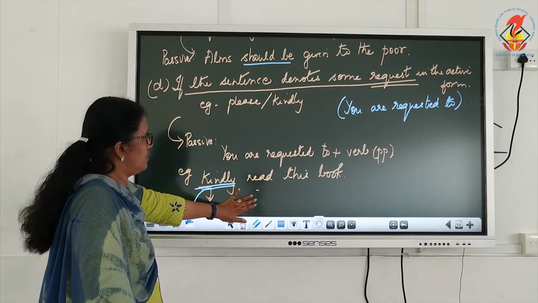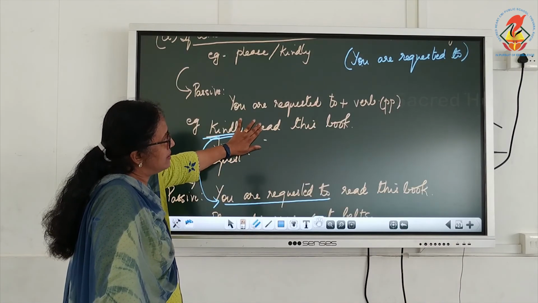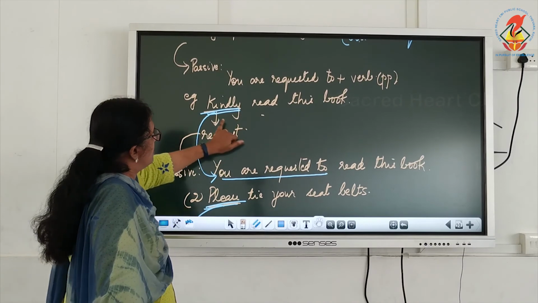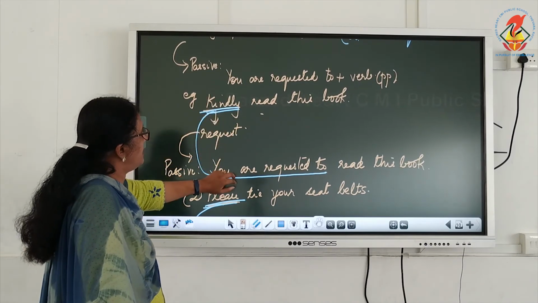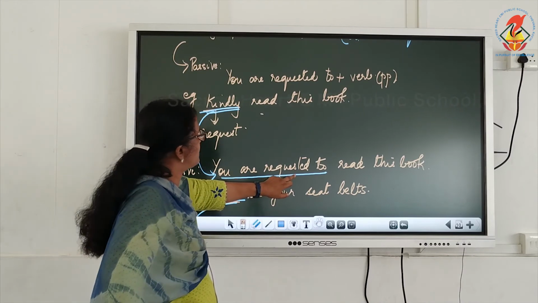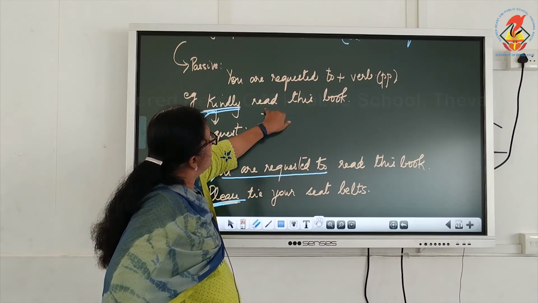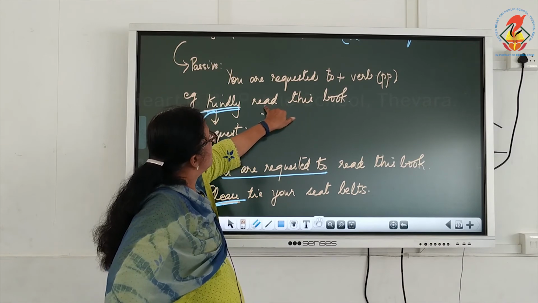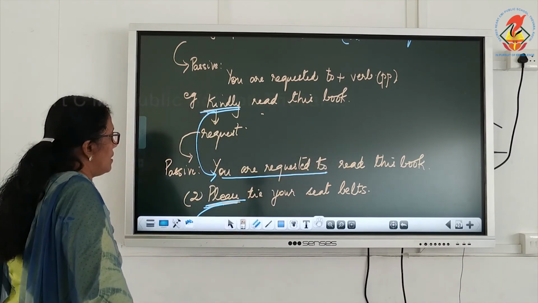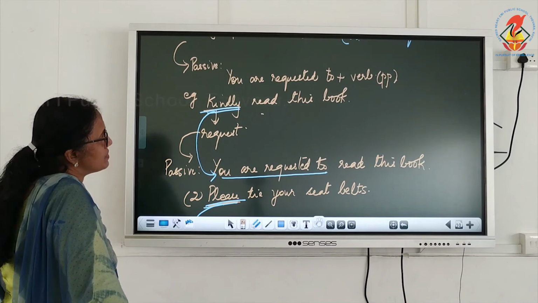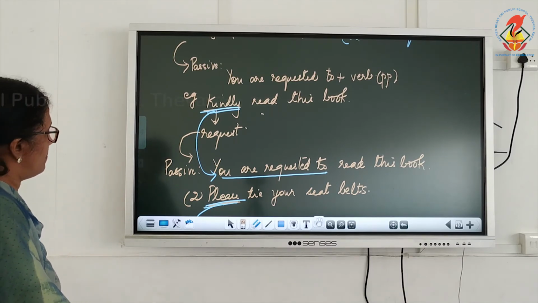So, "Kindly read this book." What is "kindly" here? It is a request. When you replace the word "kindly," you write "You are requested to" and then the rest: "You are requested to read this book." That is how you convert it into the request form in the passive.